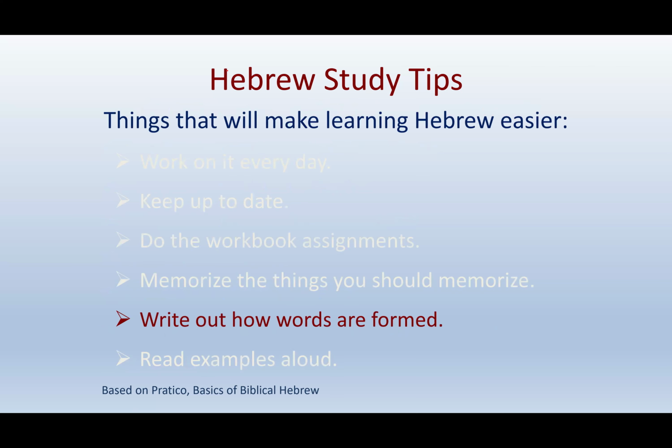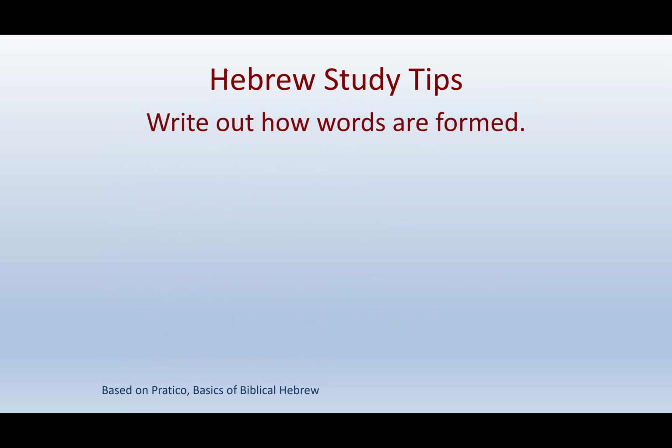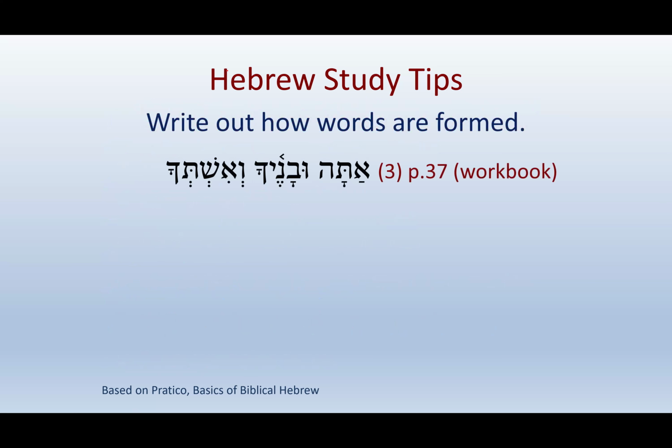Then another thing is write out how words are formed. Here's an example from the workbook on page 37, that was an exercise or two back. We have atah, uvanecha, veishtecha. So atah, there's not much you can do with that. It's just you. Then we have uvanecha. Split that up.